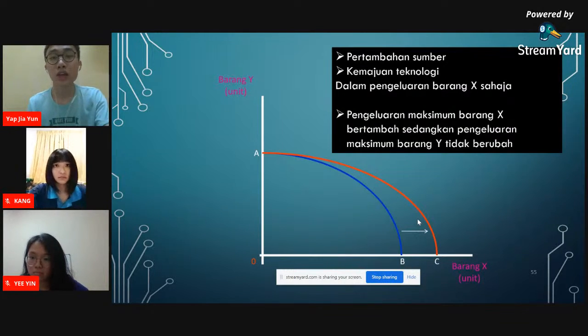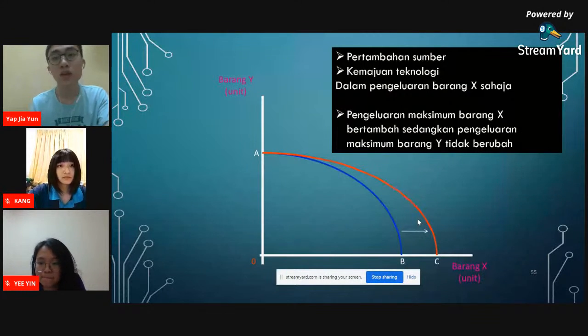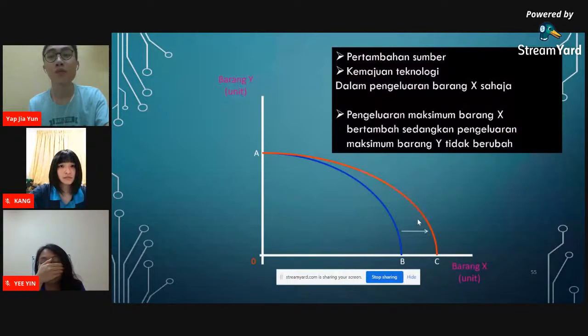Ini bermaksud pertambahan sumber ataupun kemajuan teknologi dalam pengeluaran barang X sahaja. Kita boleh membuat kesimpulan iaitu pengeluaran maksimum barang X bertambah sedangkan pengeluaran maksimum barang Y tidak berubah, kerana walaupun beralih, outputnya sama pada titik A.